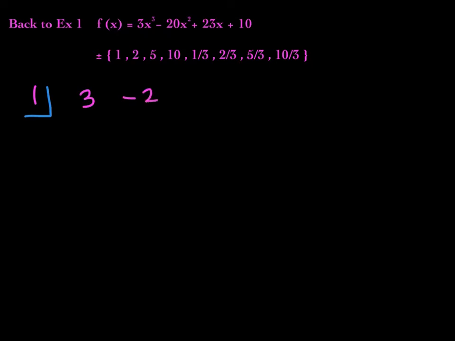So you have these. Now, I'm going to set this up. All right. Now, everybody, if the remainder turns out to be 0, then our conclusion is 1 is a 0 of this function. If the remainder is not 0, then we say 1 is not a 0 of the function.